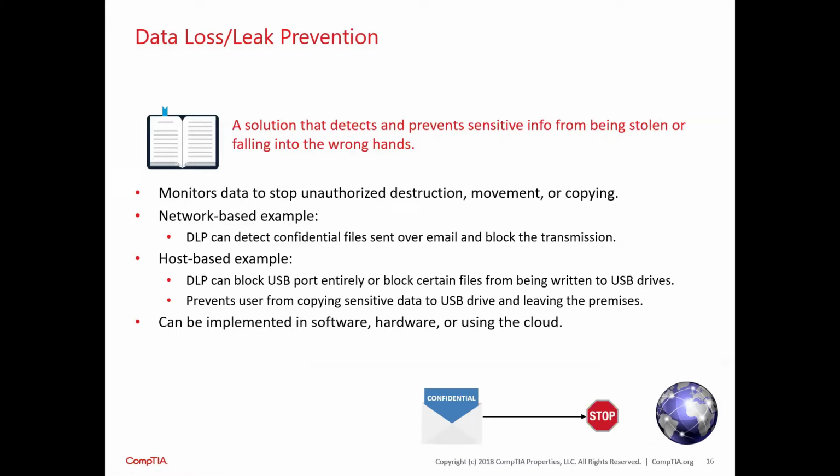For example, you can block any confidential files sent through email, or even block the transmission, as well as block USB ports from being used, and block certain files from being written to the USB.